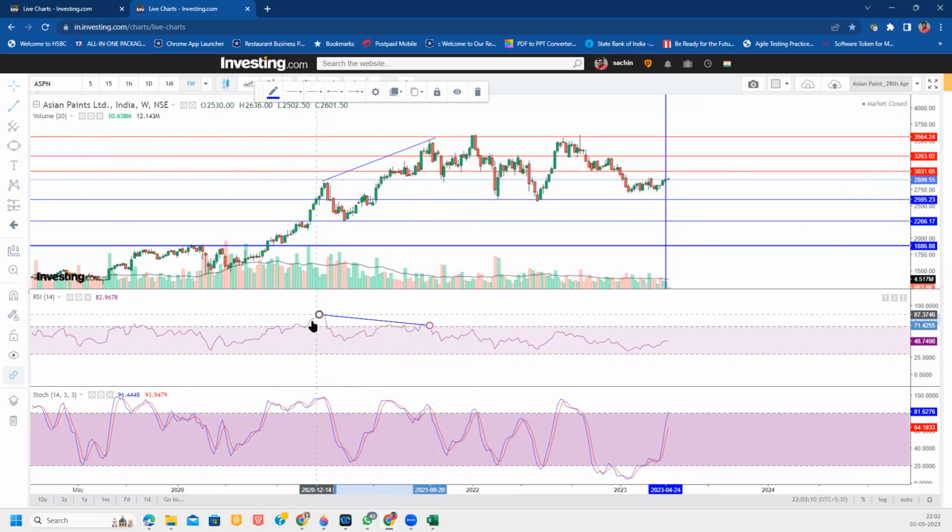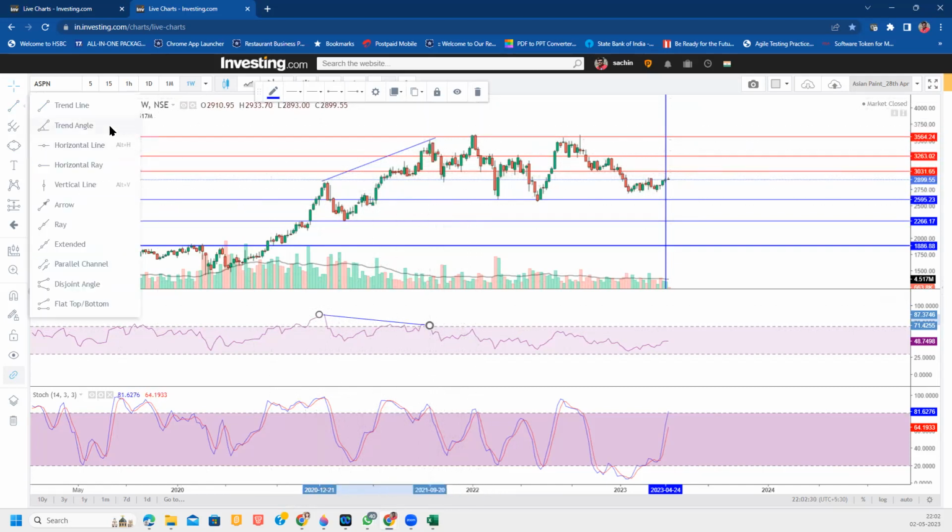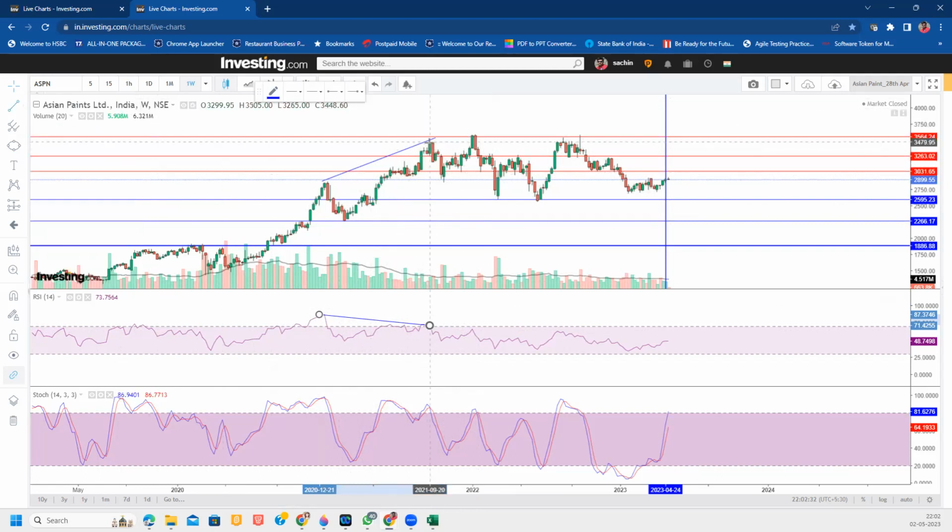RSI is saying no, I cannot give you company, and because of this divergence, there are chances that price will come back, that the reversal will happen. There is one more correction, and again it made a new high. This is a beautiful example. Here in this example, what is happening? There is a double divergence.